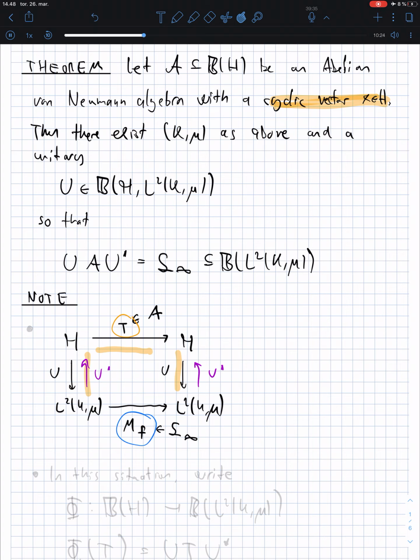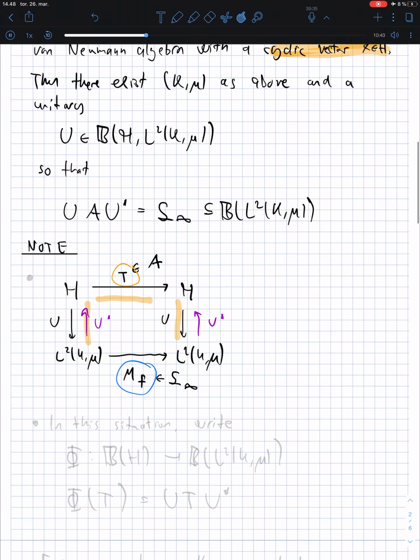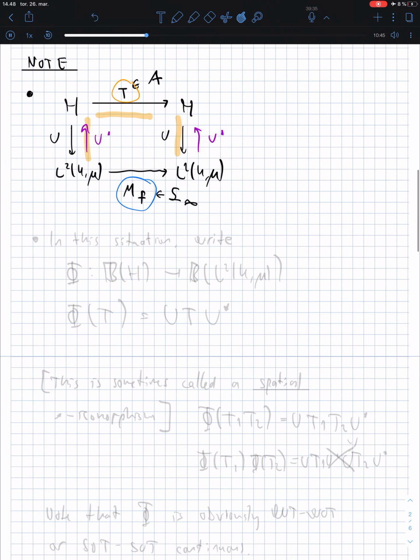So the statement is that I can find a unitary that transports my abstract von Neumann algebra A into a concrete von Neumann algebra, namely L infinity, which lives on L2 of K mu. So this is the statement. So this is sort of the idea of U.